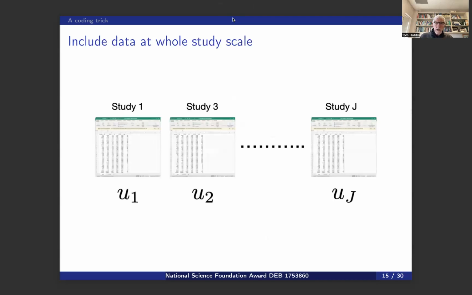So what if we happen to have data, not only data within individual studies, so x's and y's within study 1, study 2, and study 3, but we also have data on the studies themselves. So we might have a covariate for each one of the studies.